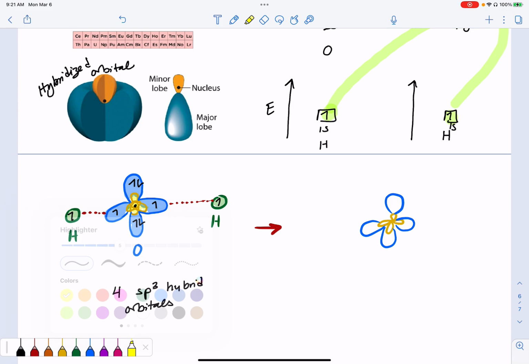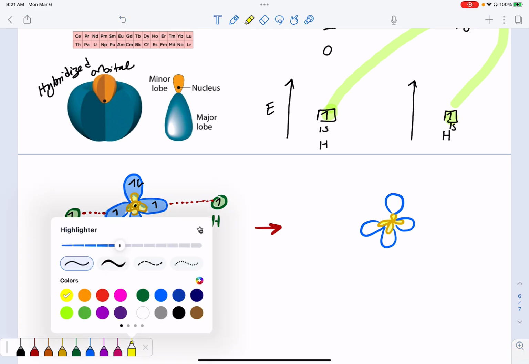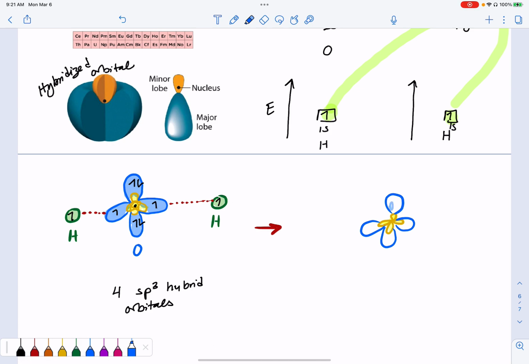So bear with me as I sketch this out here. In here in yellow is the minor lobe, or result of my combination of p and s orbitals coming together. And then I've got my hydrogen atoms with their s orbitals. Probably should have drawn this bigger. Let's do that bigger.